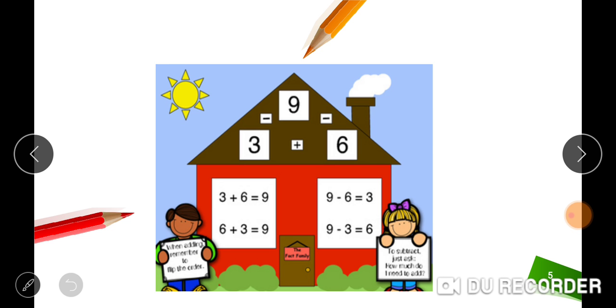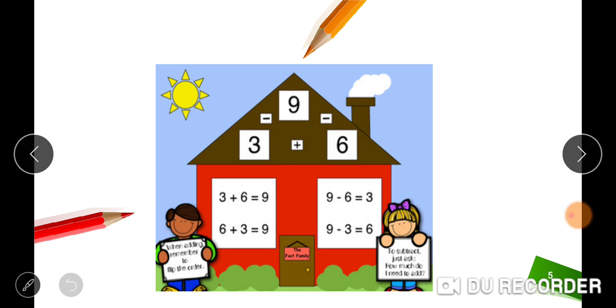Now we want to do the addition number sentences. Remember, the biggest number is usually at the top, while the other 2 smaller numbers are below. When we want to add, you add the 2 smaller numbers together to give us the bigger number. So you say 3 plus 6 equals 9. You also have 6 plus 3 equals 9.